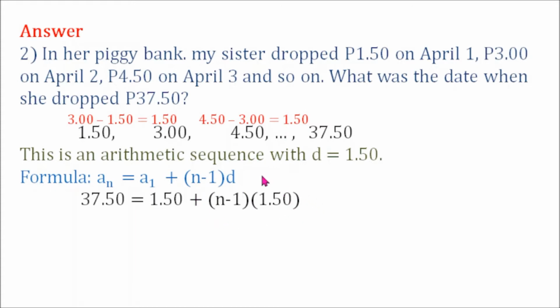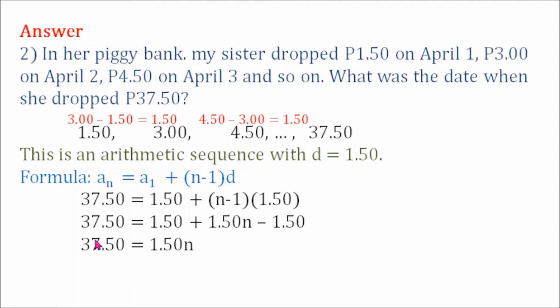We can simplify this part by applying distributive property of multiplication. 1.50 times n is 1.50n, and 1.50 times negative 1 is negative 1.50. Now we can simplify the right hand side of our equation, so this becomes 37.50 equals 1.50n, because this 1.50 here and minus 1.50 becomes 0.